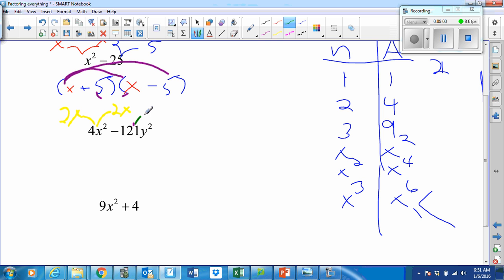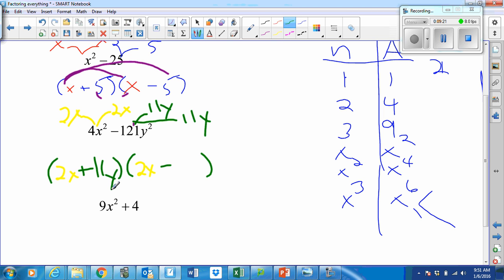Yes, we do, because that's going to be 11y times 11y. So now we have a difference of perfect squares, so we're going to double bubble, put plus or minus, and we're going to put in our 2x and 2x and 11y and 11y.